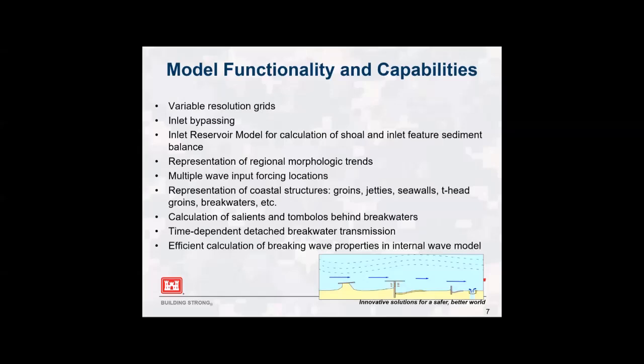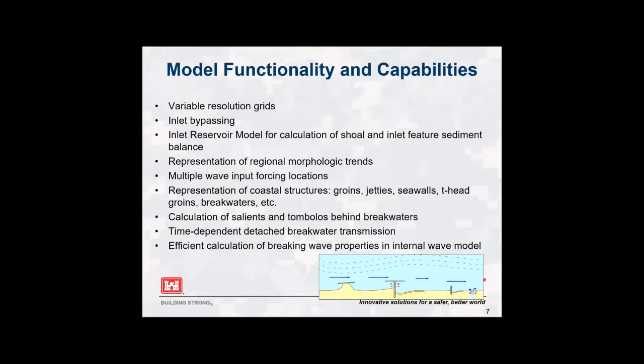More functionality was inlet bypassing. We have the inlet reservoir model, which calculates the transmission of sediment from the various shoal features, as well as the inlet, to either side of the inlet. We can add multiple wave input forcing locations, which is a frequently used tool for Genesis.